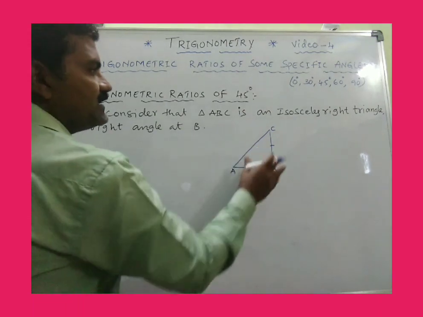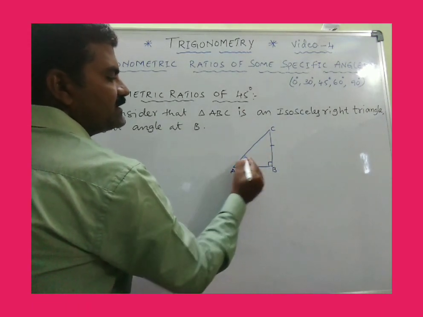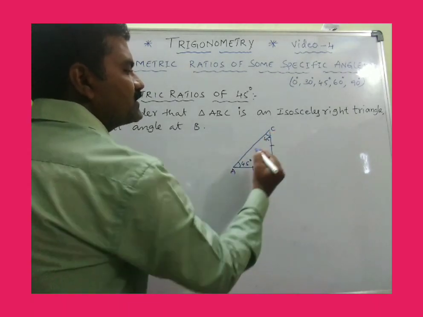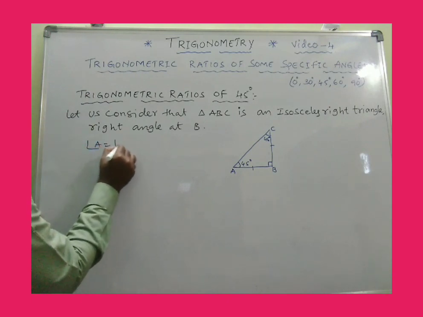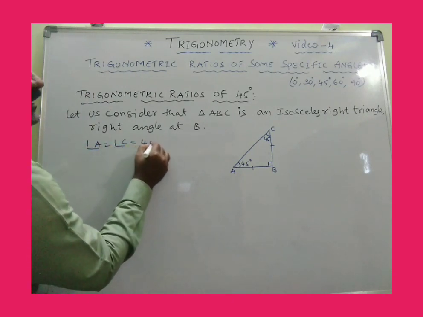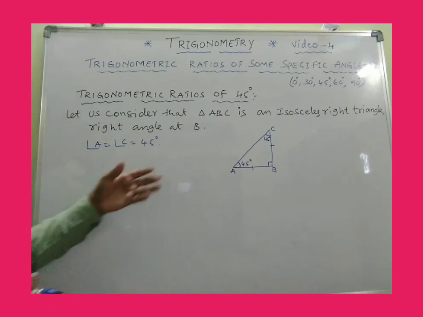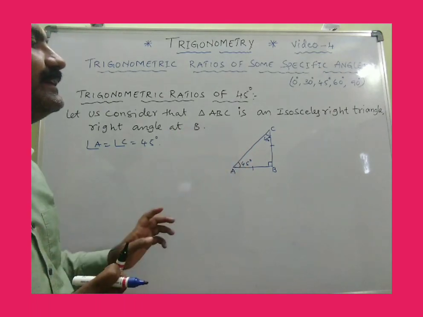And because it is an isosceles triangle, this angle is equal to 45 as well as this angle is also equal to 45. Angle A is equal to angle C, both are equal to 45 degrees. Why? Because we know that the sum of the angles in a triangle is 180 degrees.